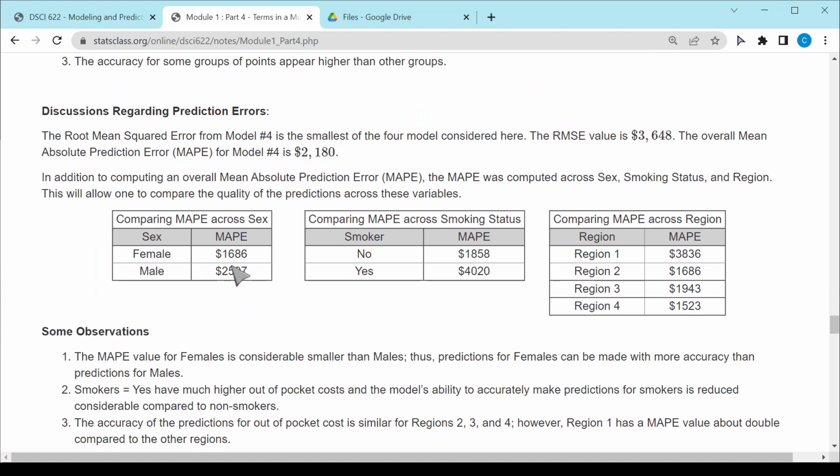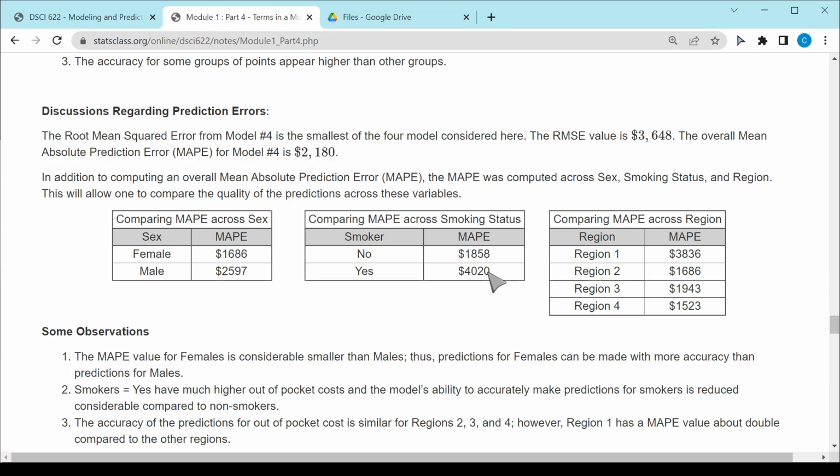What we've done here is calculated the MAPE across the sex variable, the smoking status, and also the different regions, just trying to figure out whether in some situations I'm able to make more accurate predictions than in others. For example, for my non-smokers, my MAPE is just short of 2,000, but it's more than double that for my smokers.